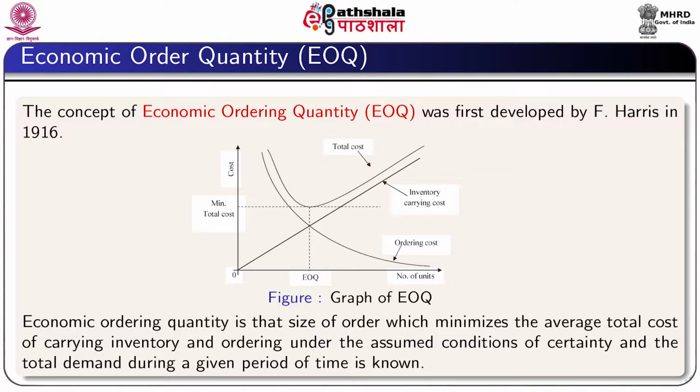Thus, we have to make a balance between these two costs in order to minimize the total cost. The figure shows that when the ordering cost and holding cost are equal, then the total cost is minimum. So, economic order quantity is that size of order which minimizes the average total cost of carrying inventory and ordering under the assumed condition of certainty, where the total demand during a given period of time is known.